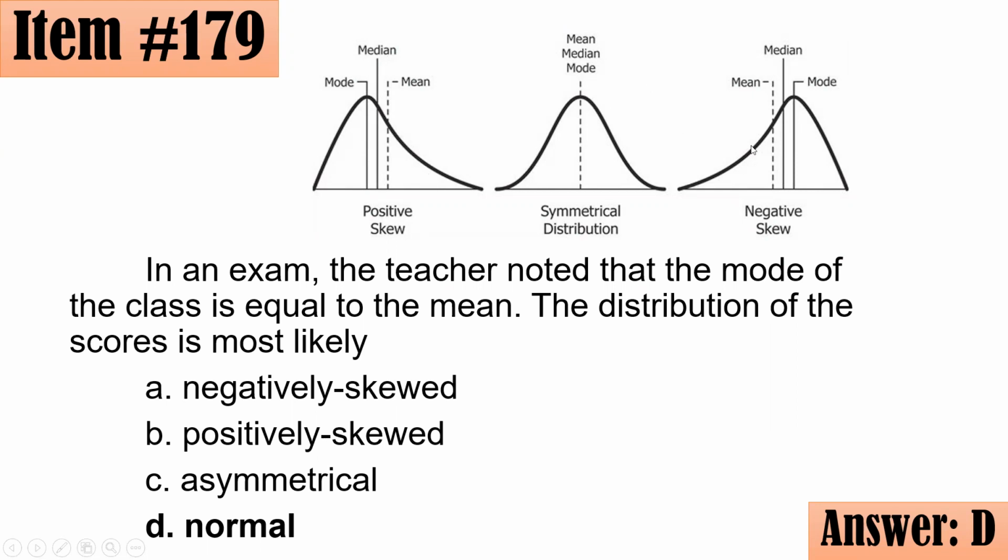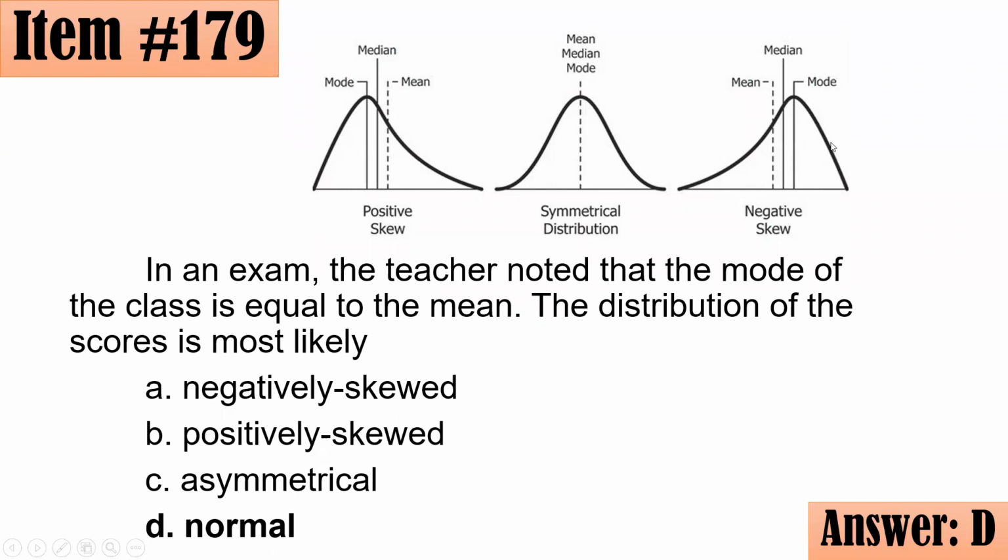Samantalang, if you have a negatively skewed distribution, the mean is the lowest value, followed by the median, and the largest is the mode. And tandaan po natin, in a negatively skewed distribution, most of the scores are on the positive side.